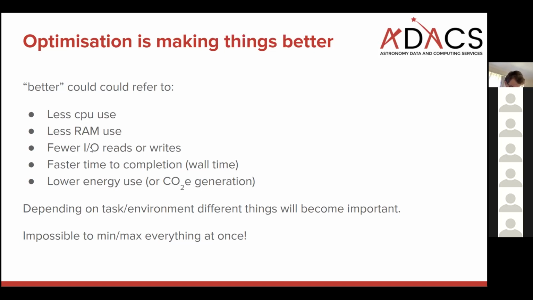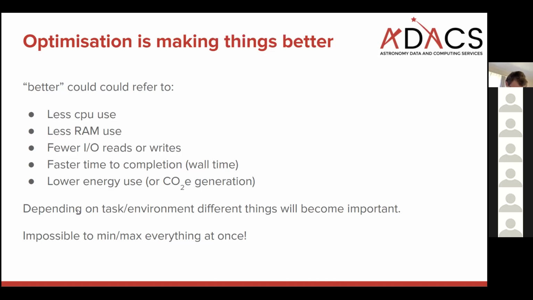All of these things are valid targets for optimization. These are all different ways that your programs can be better. And I'm not going to tell you which of those is more important because that's up to you. It depends on the task that you're doing, and it also depends on the environment in which you're running as to which of these things become more important. And you have to make choices because it's impossible for you to min-max everything at once.